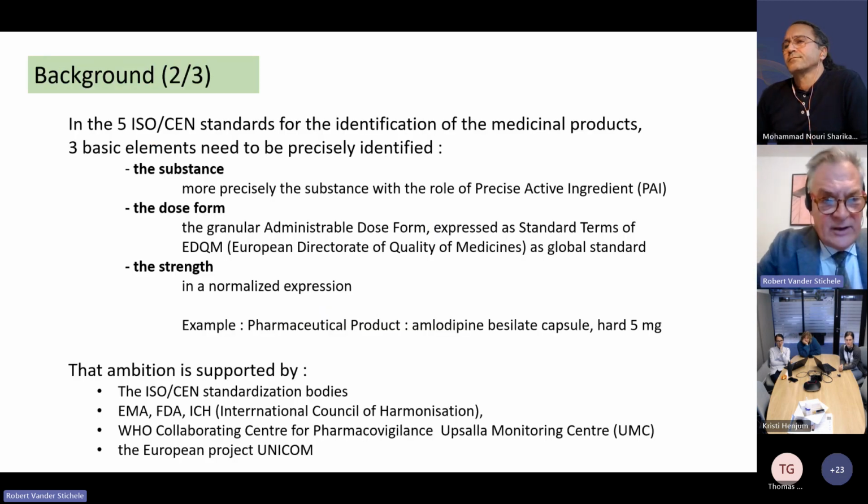In the 5 ISO standards, 3 basic elements need to be identified precisely: the substance, and more precisely the substance with the role of precise active ingredient. And that means that it's not enough to say that this medicine contains amlodipine. You have to specify the modifier. You have to say it's amlodipine besilate or maleate.